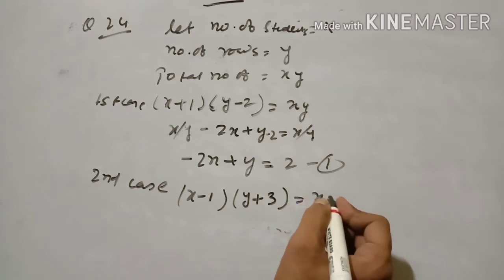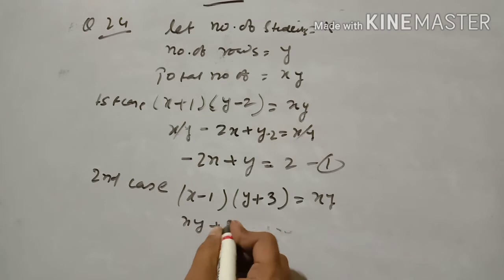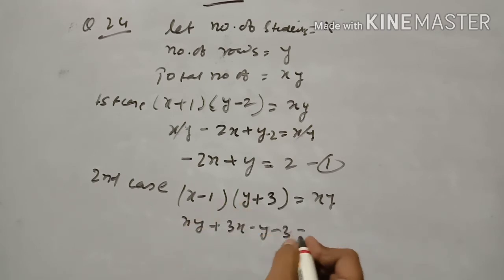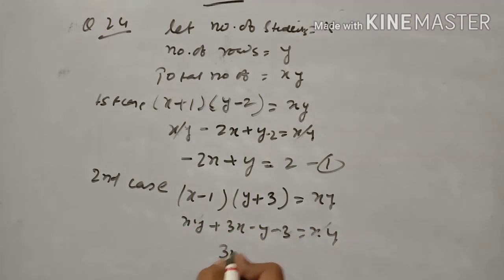This is our number of students. So xy plus 3x minus y minus 3 equal to xy. So xy cancels. So plus 3x minus y, take 3 to this side, it will be plus 3. This is equation number 2.